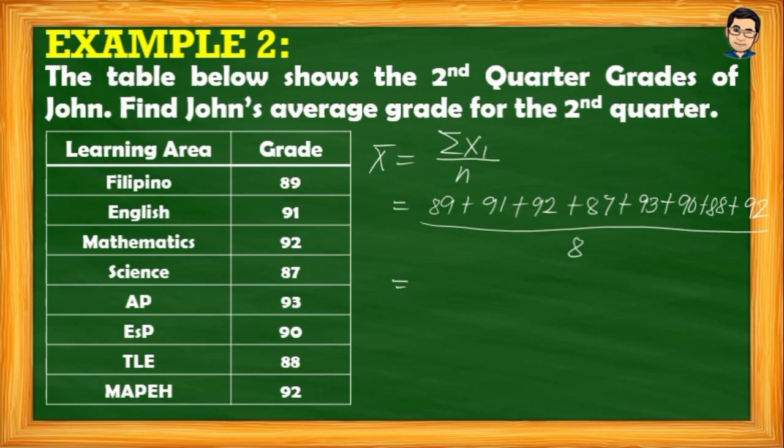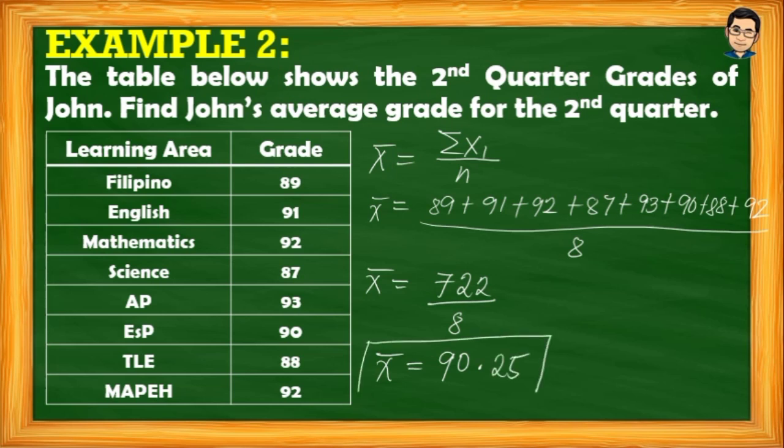Kapag i-add po natin yon, ang makukuha po nating sum is 722. And then yung final step natin is i-divide natin yung 722 sa 8. So yung makukuha po nating sagot is 90.25. Ito yung kanyang average.